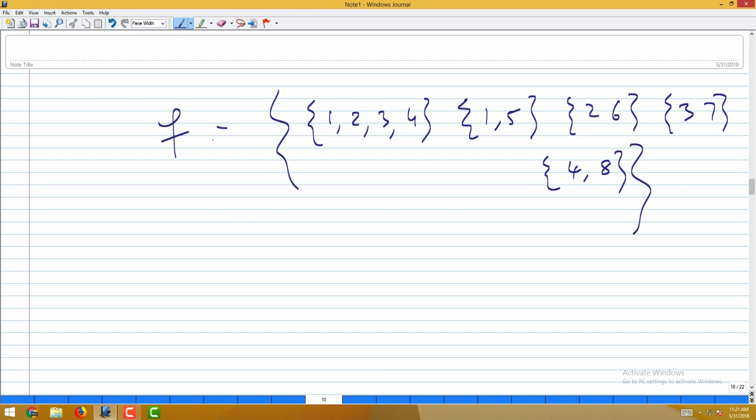Suppose this is my family. My universe is 1, 2, 3, 4, 5, 6, 7, 8. What will the greedy do? It will pick actually everything.